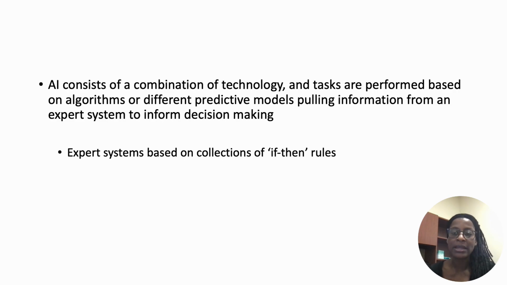So if somebody is shown to have low self-efficacy to engage in physical activity based on a score on this measure, then the expert system says if this person received less than a 5 on this, then they should receive this type of intervention message to help them increase their self-efficacy. So it's based on if-then rules. If you have this, then this is what you receive.